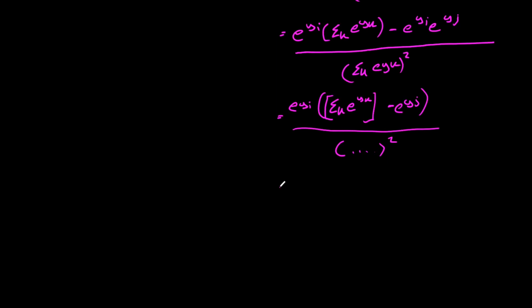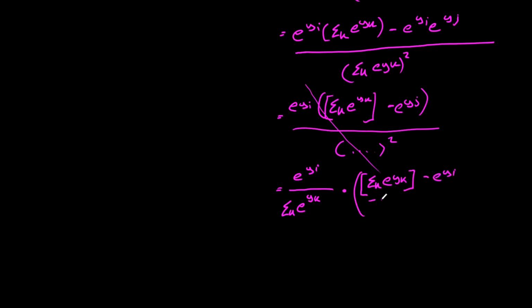So now we are gonna split this product between two, so we have e^(y_i) divided by summation over k of e^(y_k), multiplied by summation over k of e^(y_k) minus e^(y_j) divided by summation over k of e^(y_k).